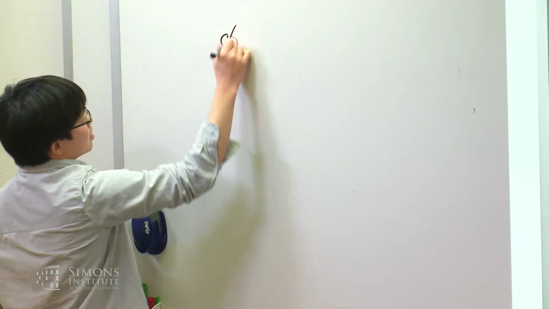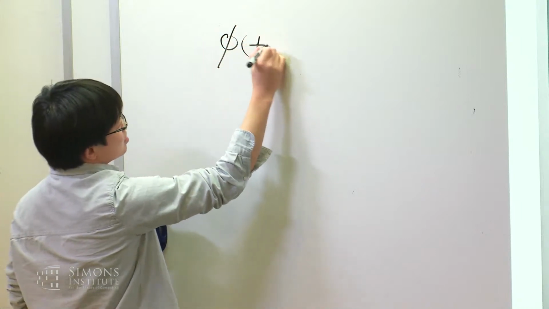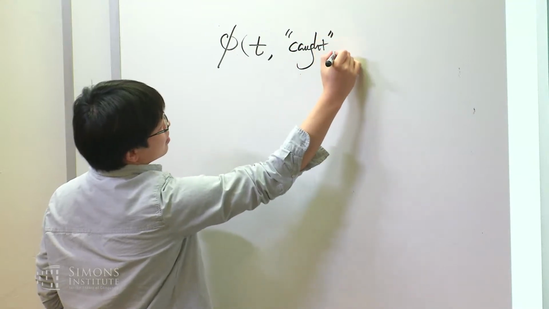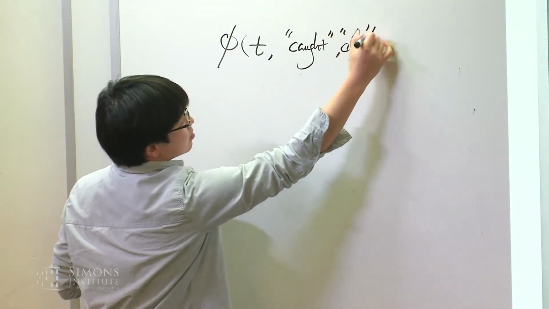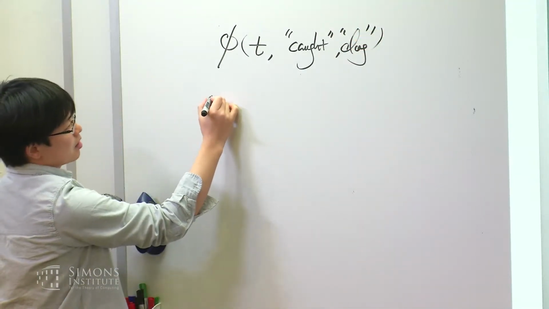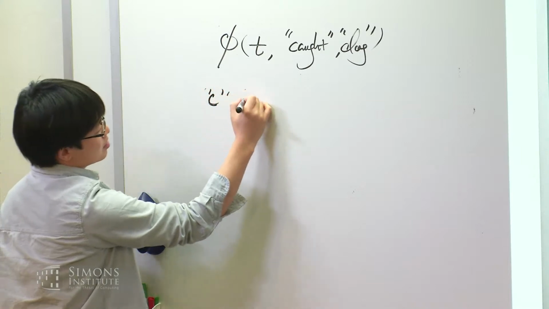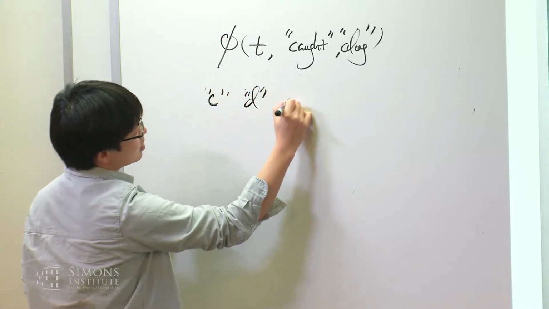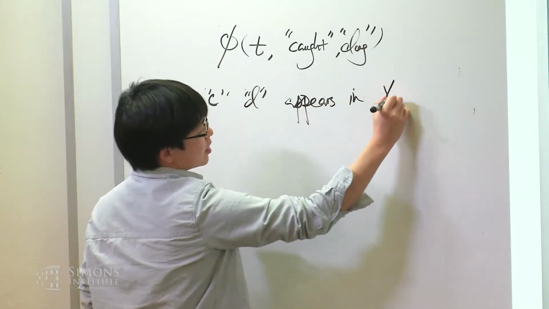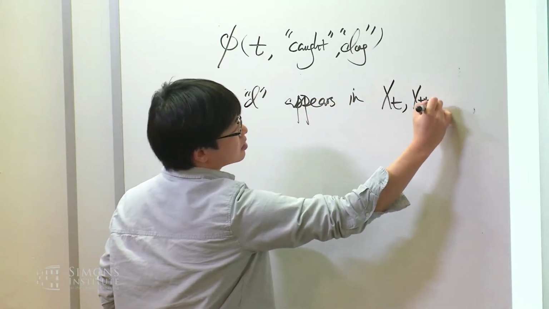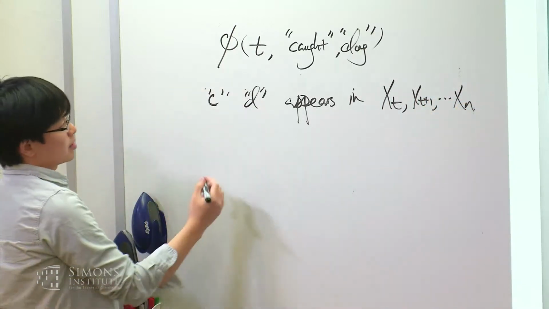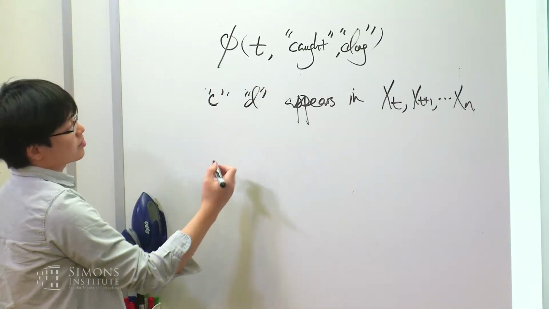So we want to construct these subformulas, phi_t, say cat and dog, this subformula representing the constraint that cat and dog appears in x_t plus 1. Okay. So how do we construct this subcircuit or this subformula?